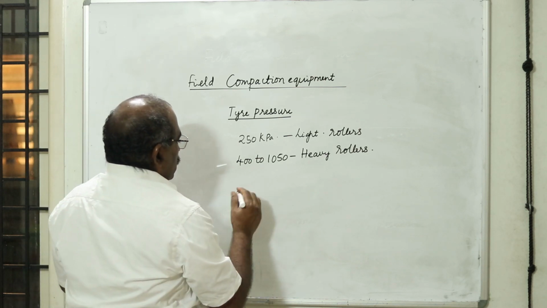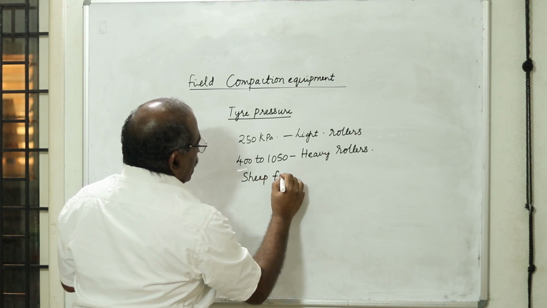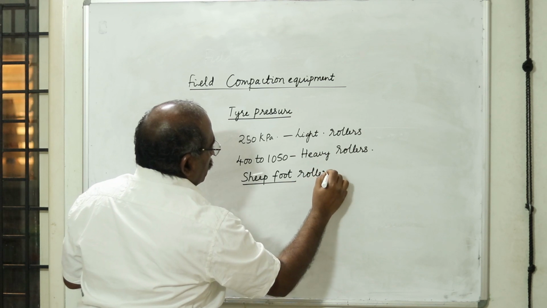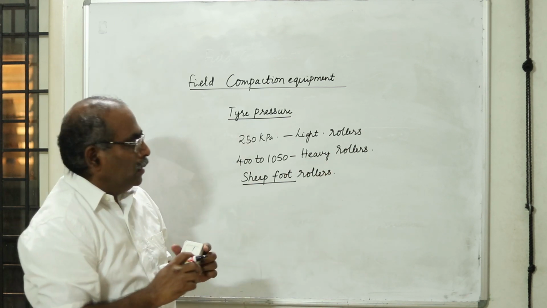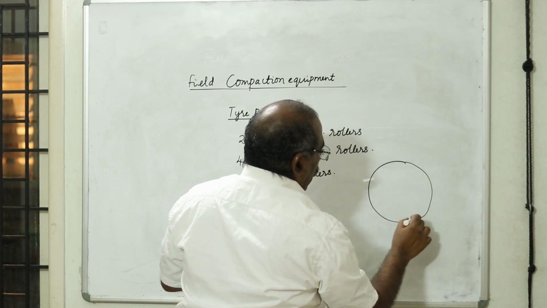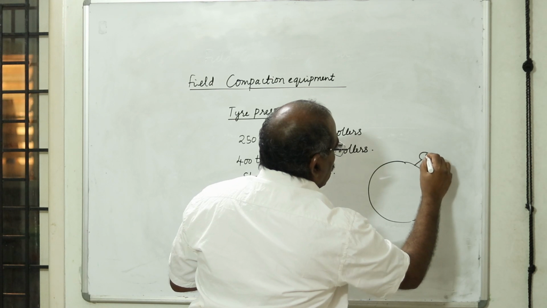Now, I also discussed the sheep foot roller. What do you mean by sheep foot? Sheep foot roller will have a drum and we will have some projections, like this and like this.